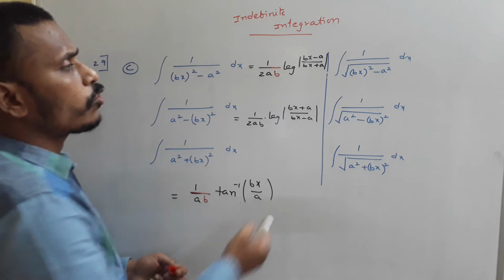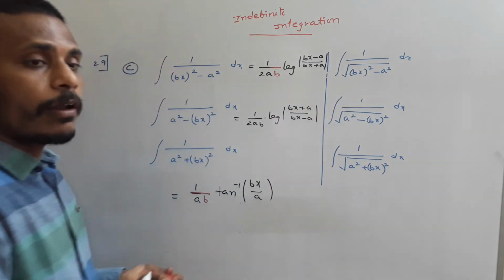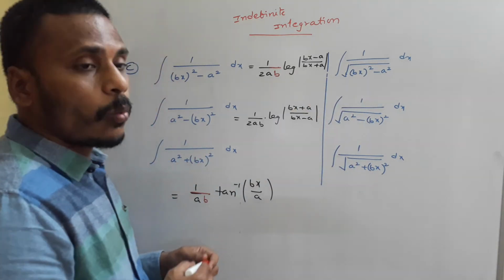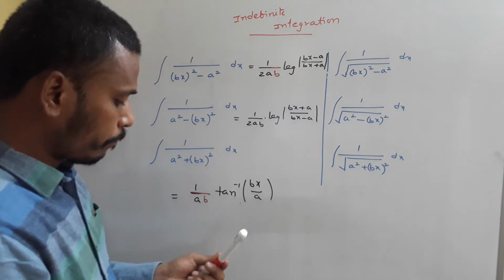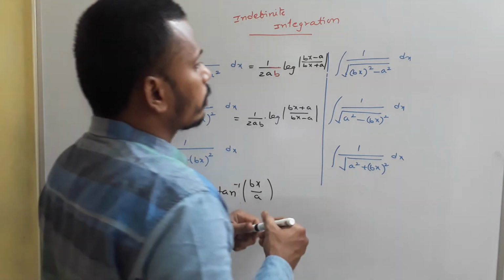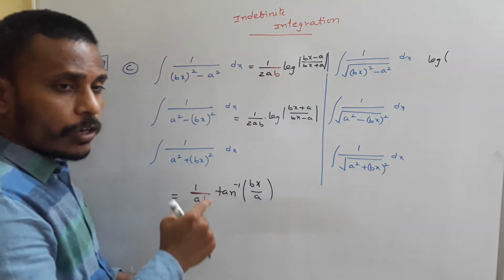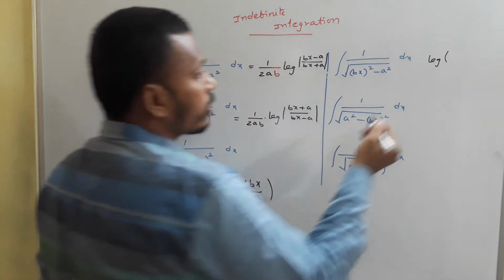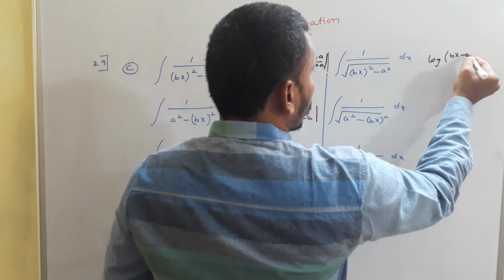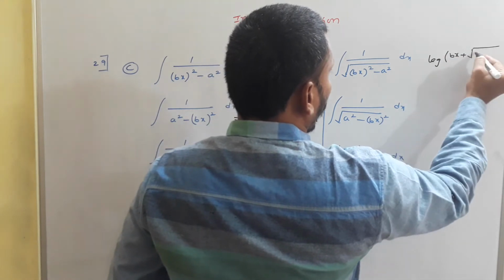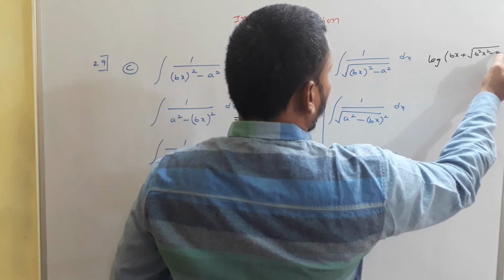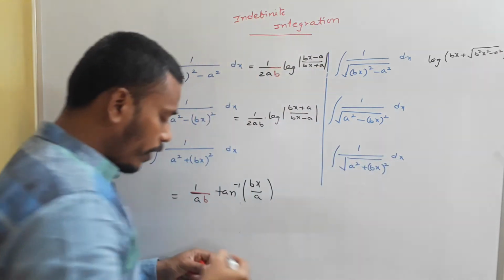In the same way, integral 1 by root of (b²x² minus a²). Usually you use logarithm of x plus root, but here we have bx, so it is logarithm of bx plus root of b²x² minus a², plus a constant of integration.